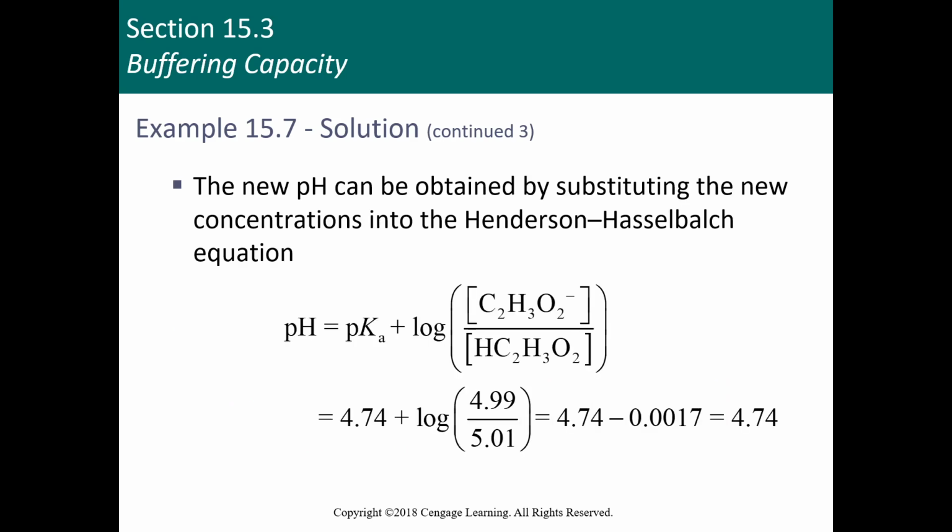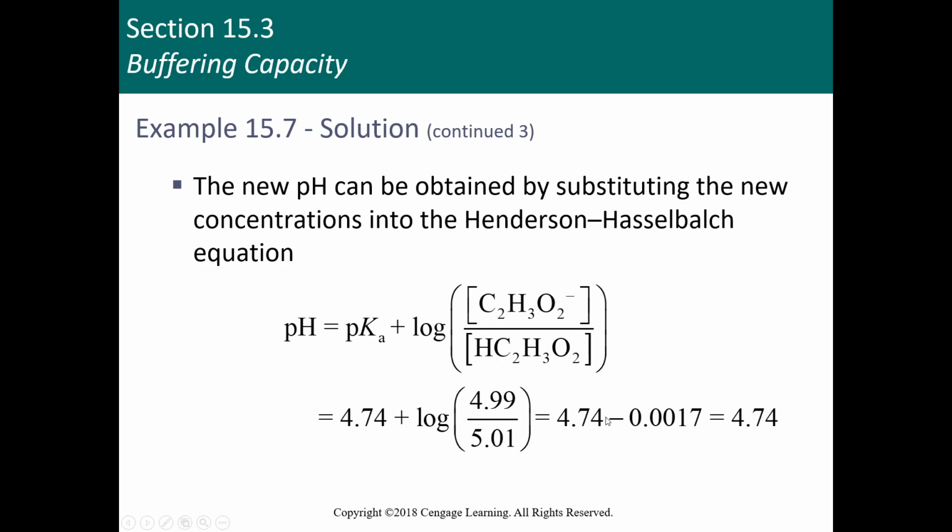So we can go ahead and put these values in now after we've added that H plus. And so we go ahead and just take our Henderson-Hasselbalch equation. We plug in our pKa we found before. We plug in our 4.99 from the stoichiometry, divided by 5.01, again from that stoichiometry.